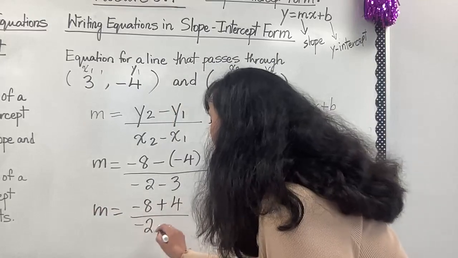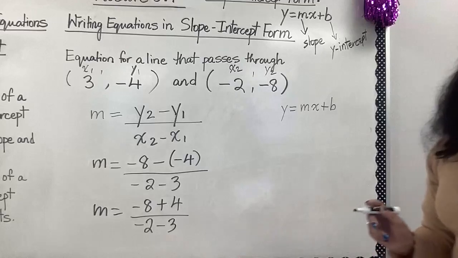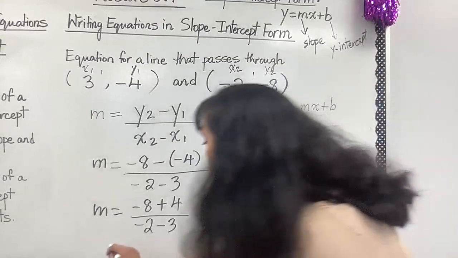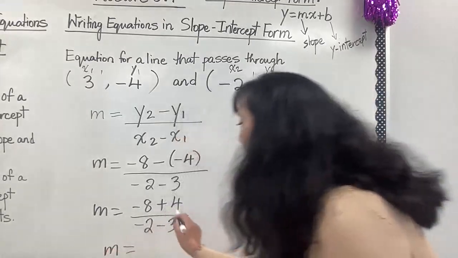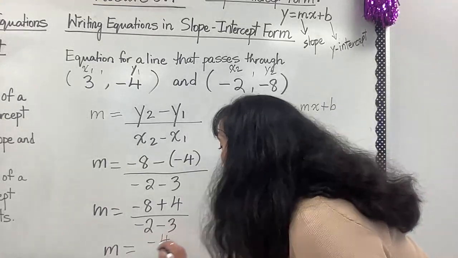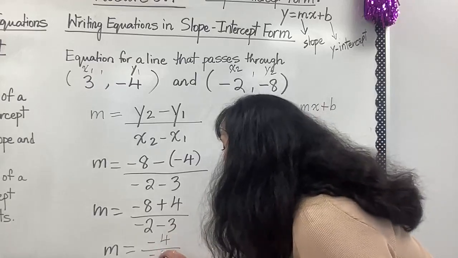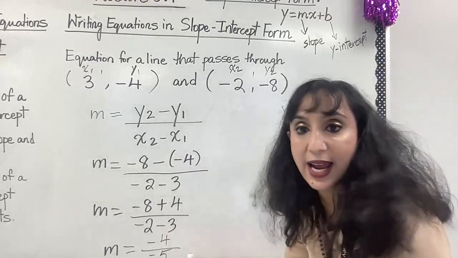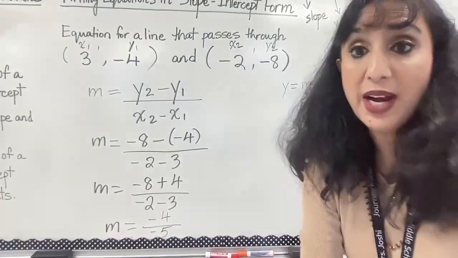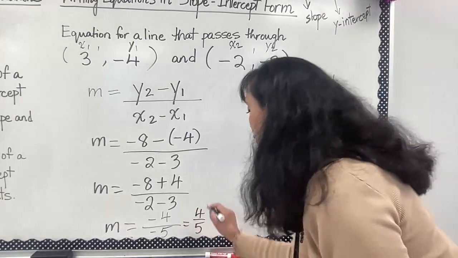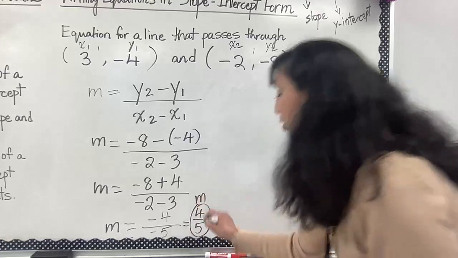And then of course when I am adding the same signs, I am going to get -5 in that case. So my slope is -8 plus 4, and that gives me -4 over -2 minus 3, that gives me -5. And when I am dividing negative by negative, what do I get? I'm going to get positive. So my slope is going to be 4/5. So this is my m, which is my slope.